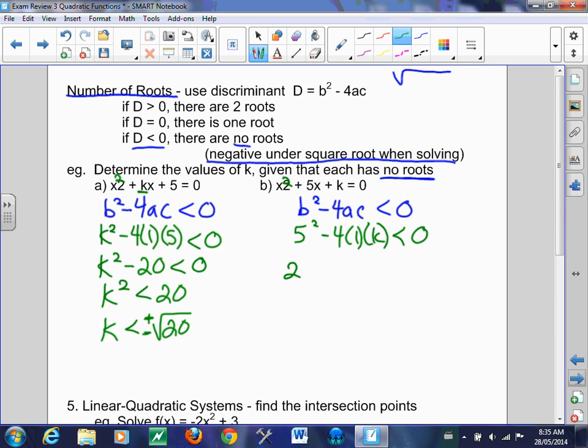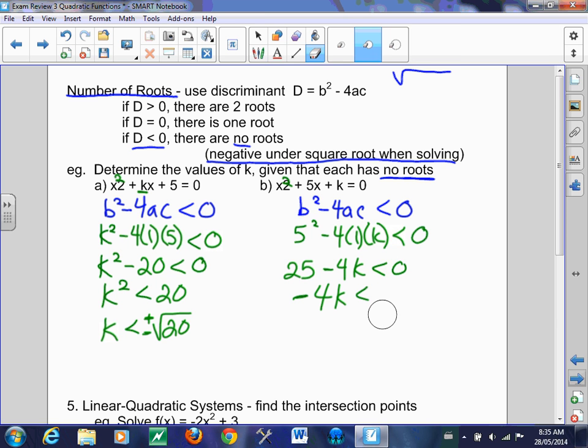So you've got 25 minus 4k is less than 0. Now be careful here, folks, on the step after next. Leave the negative 4k there, and bring the 25 over, and it's going to become negative over here.